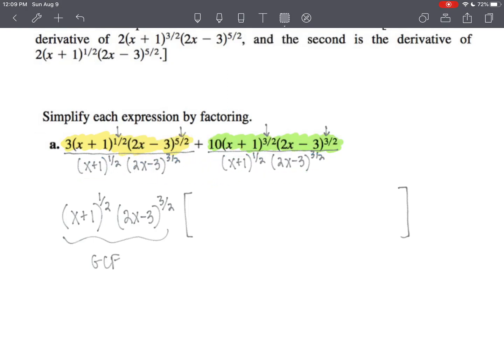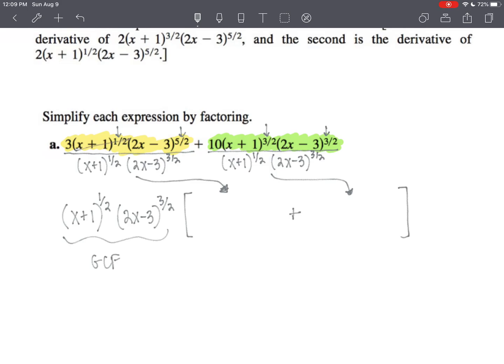So I don't have to rewrite it a second time. And now I can say, okay, well, what's left over in the first term is going to go first. And then I'm going to have the plus sign. And then whatever's left over in the second is going to go here in the second term inside the brackets.